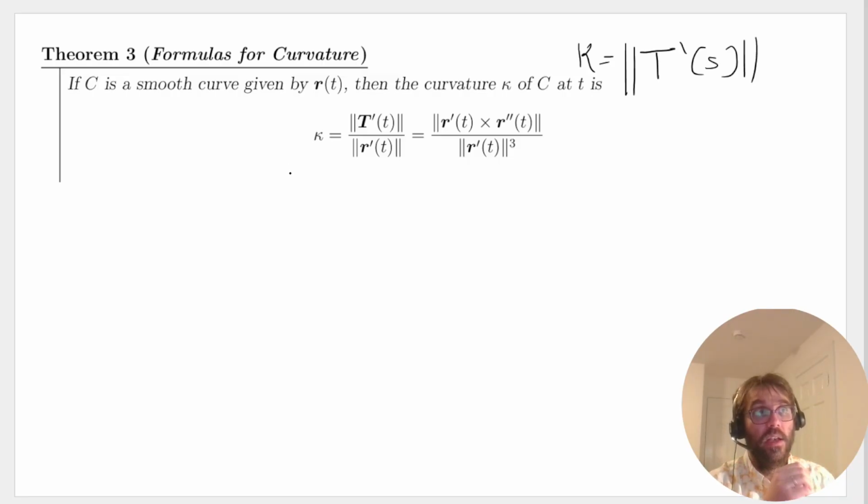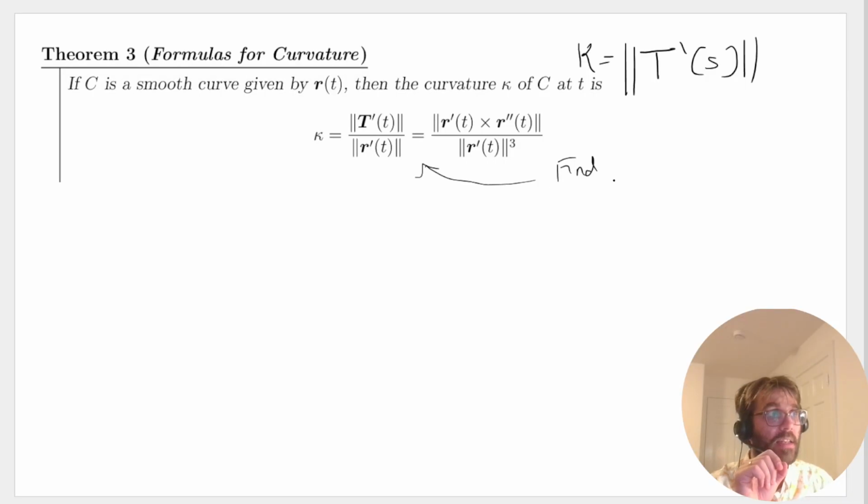Yes. Because on this slide, I've got two formulas that don't involve the arc length parameterization. This first formula says, hey, you're just working with the one that you got, the r of t.